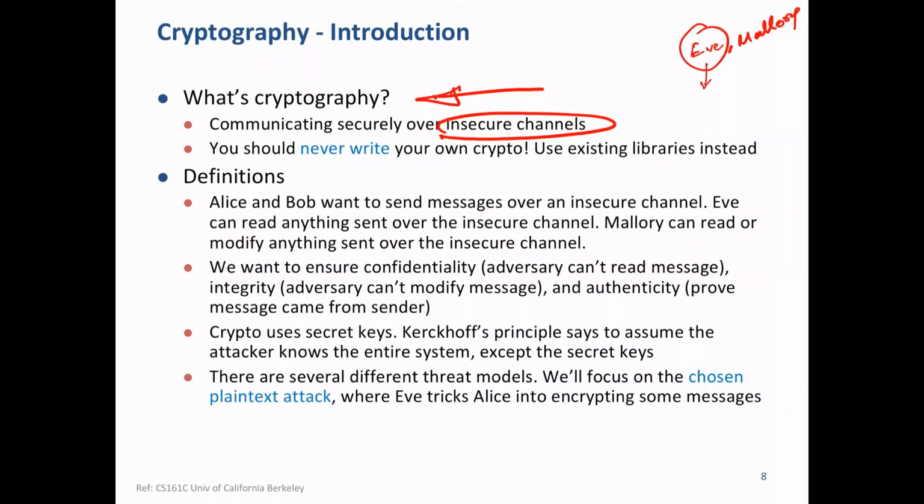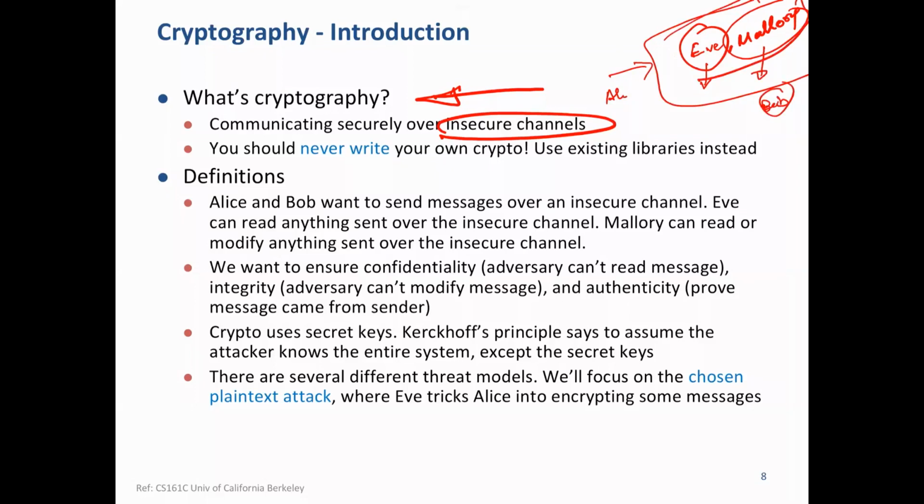Can't do much, or maybe also may not be interested in doing. Mallory is more dangerous because he can not only read the text but also change the text. Okay, so an insecure channel can have these two kinds of people, and then we'll have to make sure that data reaches from Alice to Bob without these people being able to do anything about it.